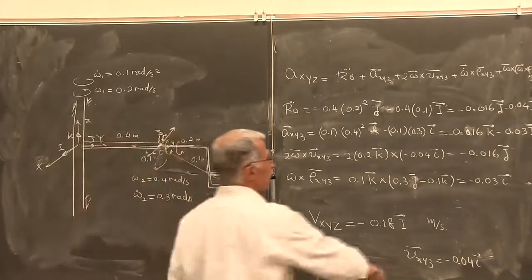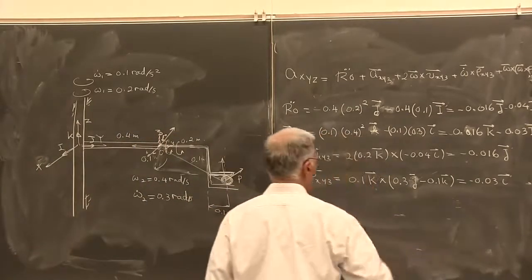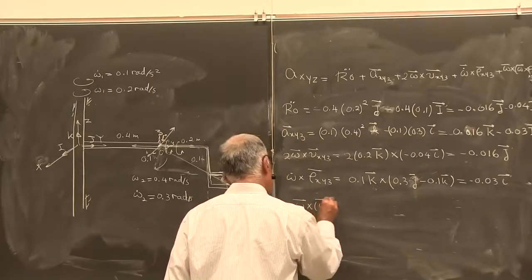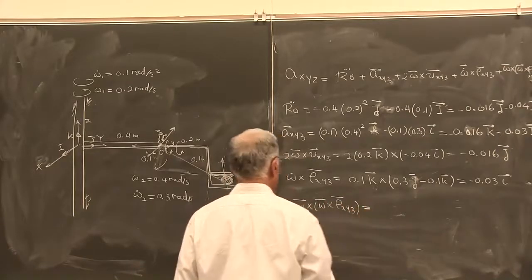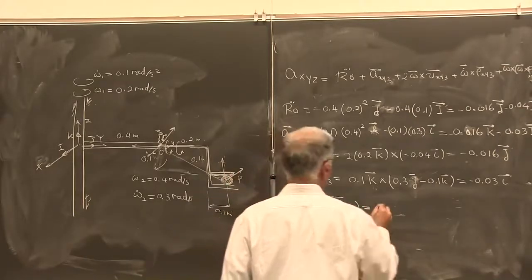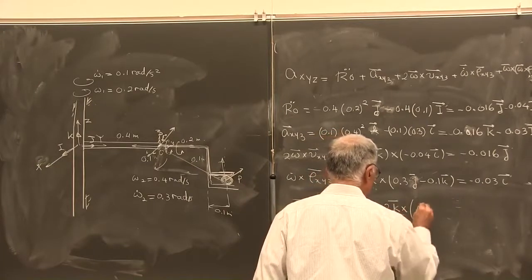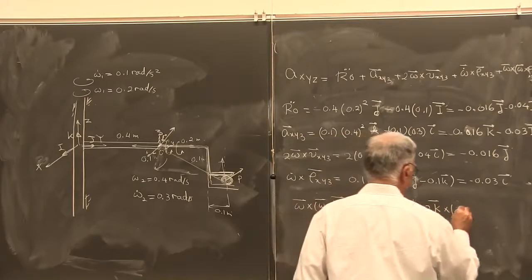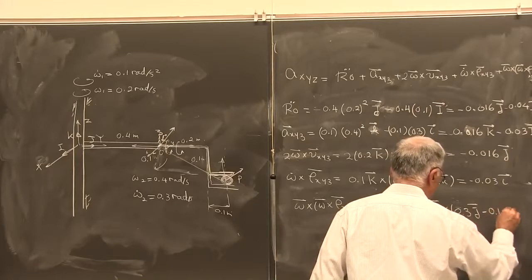Finally, we have omega times omega times rho xyz, and that becomes equal to 0.2k times 0.2k times 0.3j minus 0.1k.